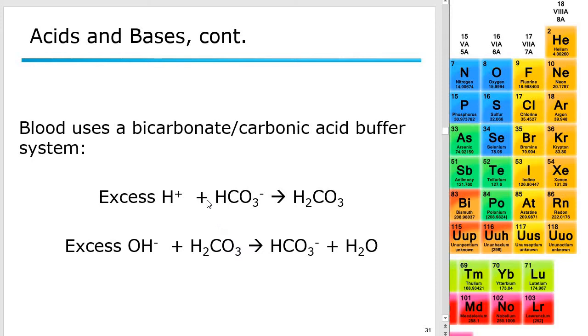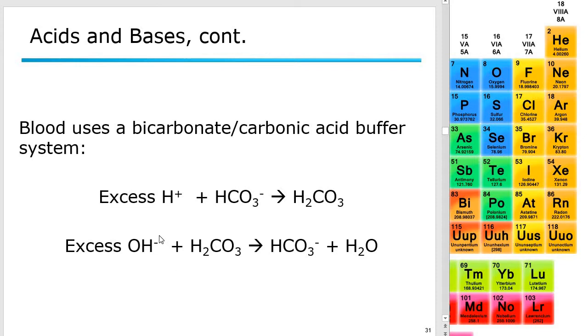Here's an example of a buffer system. It's a bicarbonate carbonic acid buffer system. Let's say you have extra hydrogen ions that you've added to your body. Well, we have bicarbonate in our body, and it will react with the hydrogen ions and form carbonic acid.